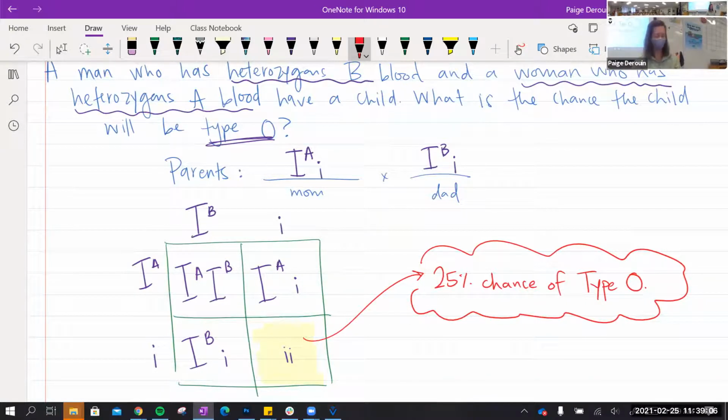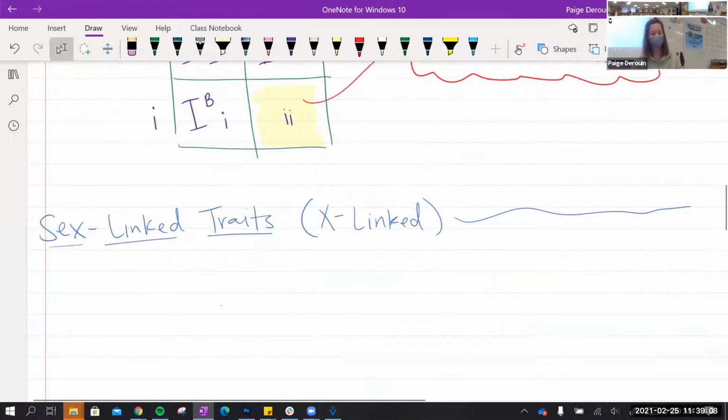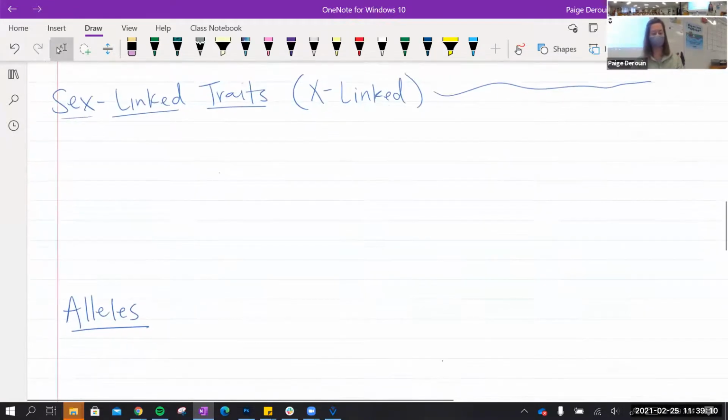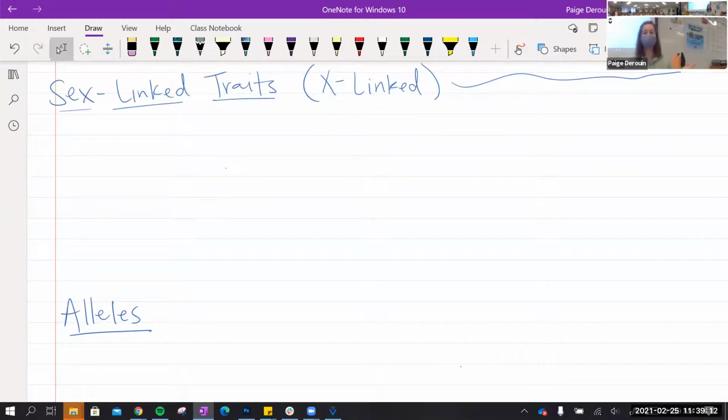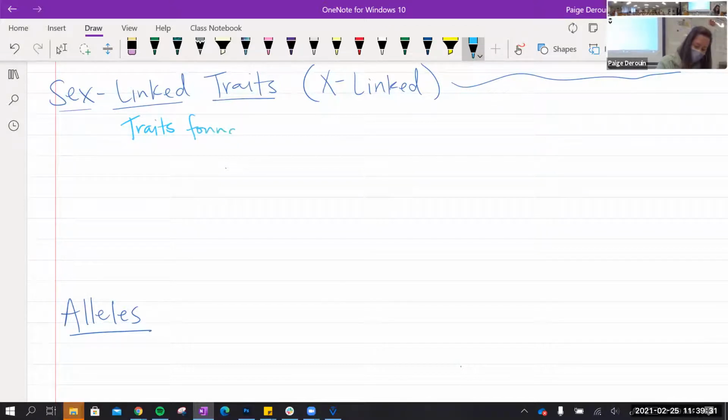Okay, now we're going to go to the next type, which is sex-linked traits. This is a little bit different because in all of the things we've talked about so far, it hasn't mattered whether the person was male or female, because you just gave them the same types of letters anyways. Now it's going to actually matter. So these are going to be traits found on the X chromosome.